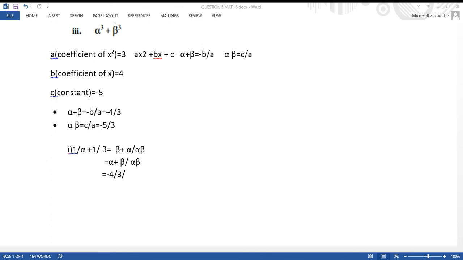Okay. Then here, it's just a game of substitution. So our alpha plus beta, which one is it? It was -4/3. So -4/3 cubed minus 3 times alpha times beta.